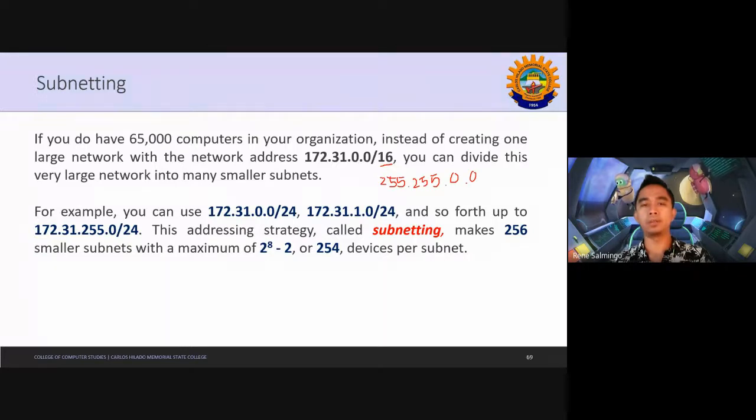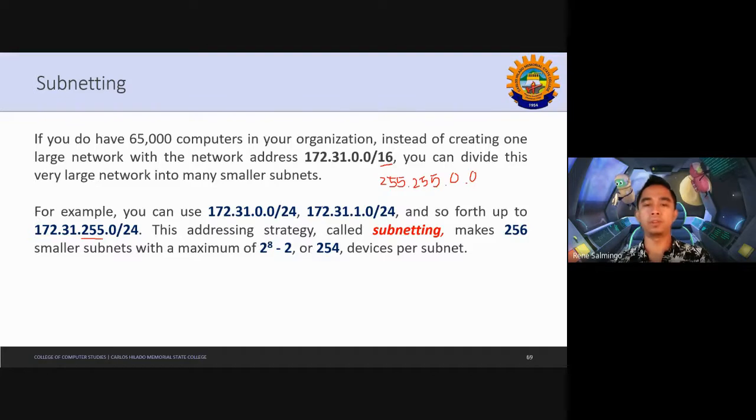And then you can divide this very large network into smaller subnets. For example, you can use 172.31.0.0/24, or you could use 172.31.1.0/24, and so forth up to the 255th.